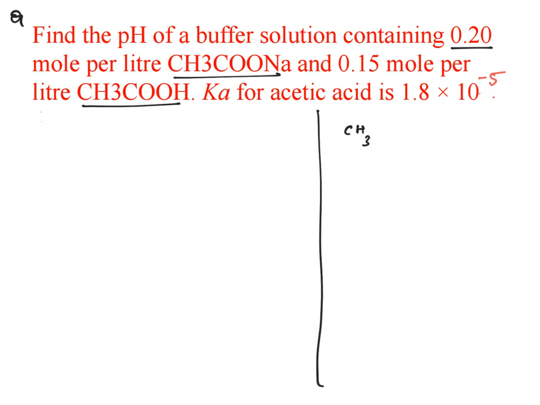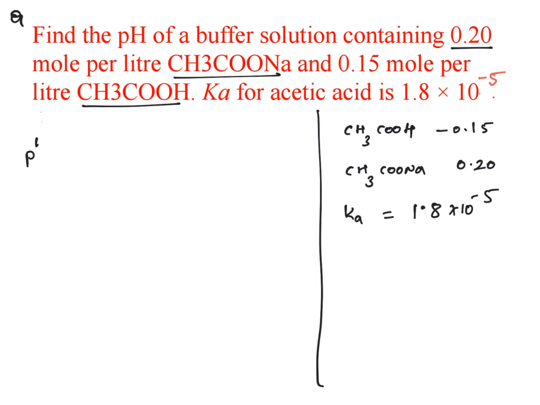Acetic acid concentration is 0.15 moles, sodium acetate concentration is 0.20 moles, and the acid dissociation constant of acetic acid is 1.8 times 10 to the power minus 5. We know the pH expression for this type of buffer solution: pH equals pKa plus log of concentration of salt by concentration of acid.